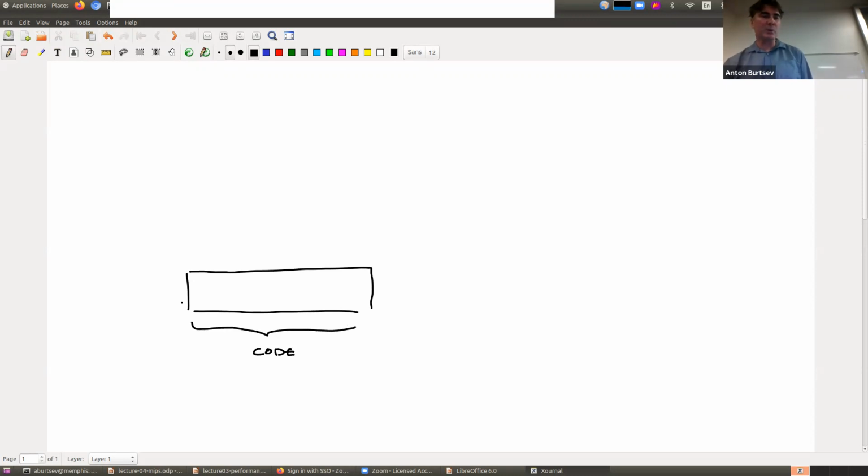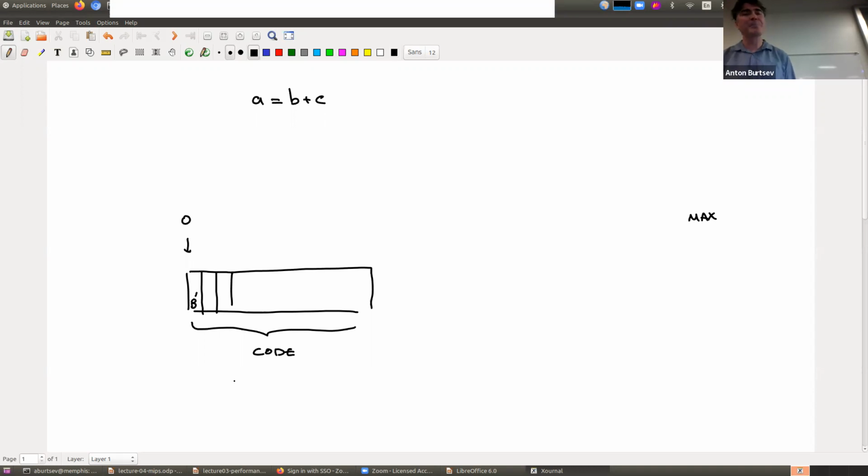Imagine this is all memory, with address 0 here and memory going up to some maximum address on the right. When you do something like A equals B plus C, those machine instructions will be somewhere here in memory, encoded as a collection of zeros and ones.